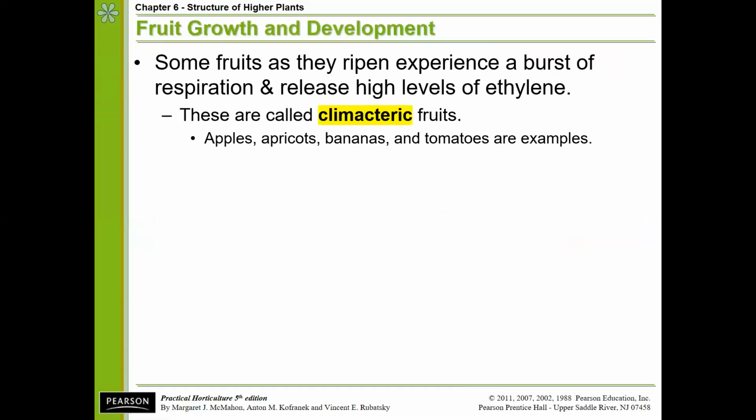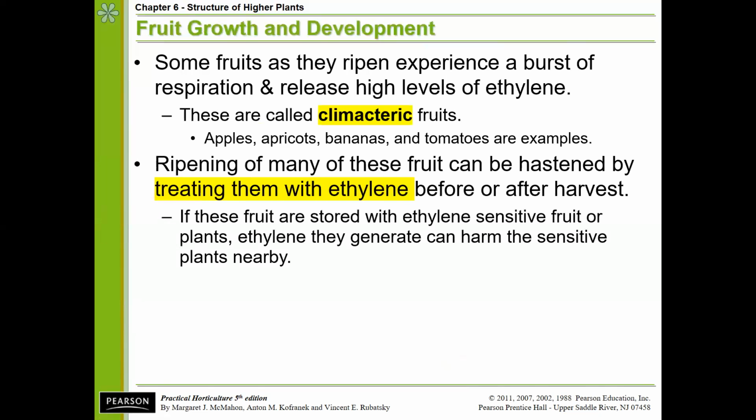These are those fruits that can ripen after being harvested, and they can over-ripen after being harvested as well, right? So apples, apricots, bananas, tomatoes are just a few examples. And one of the ways that we can hasten that ripening is to treat them with the plant hormone ethylene.